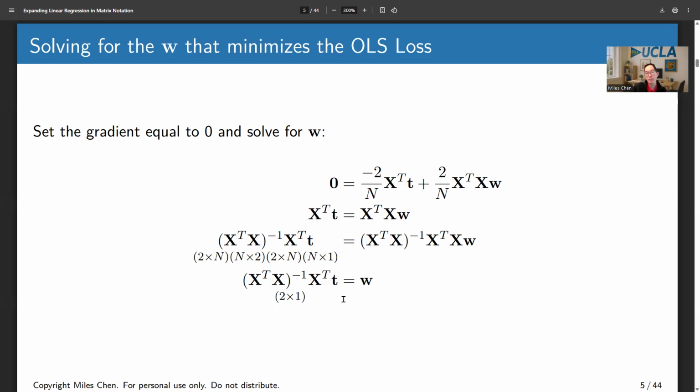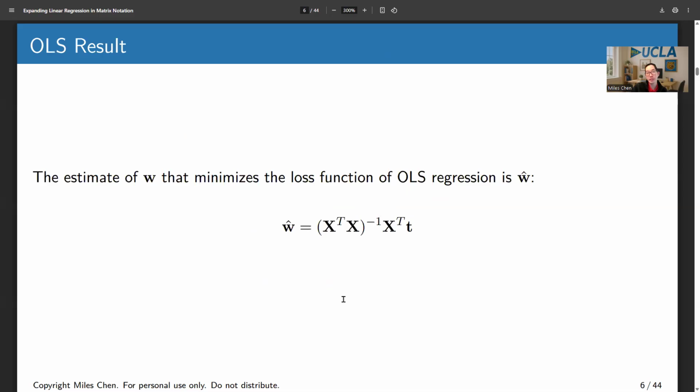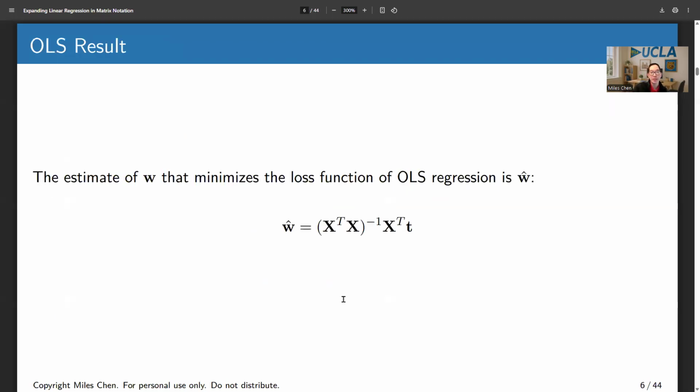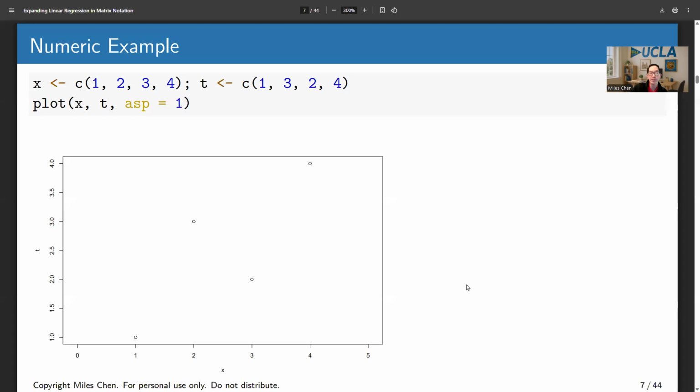So what I want to do now is expand this, or actually let's do a couple examples first. So yes, this is going to be the set of parameters, our intercept and our slope, that will minimize this. And here's a very simple data set.